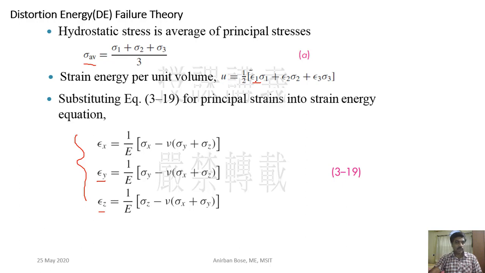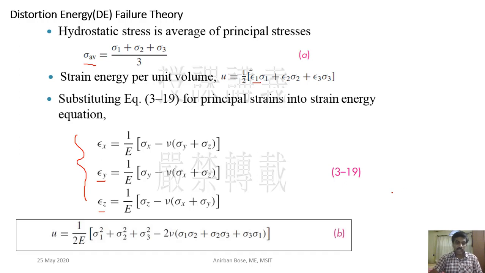Now in terms of principal stresses, you can express the whole strain energy per unit volume, just putting the values of epsilon 1, epsilon 2 and epsilon 3 in terms of sigma 1, sigma 2, sigma 3. If you do that and simplify, you will get that the total strain energy per unit volume will be equal to 1 by 2E into sigma 1 square plus sigma 2 square plus sigma 3 square minus 2 into Poisson's ratio into sigma 1 sigma 2, sigma 2 sigma 3 and sigma 3 sigma 1.